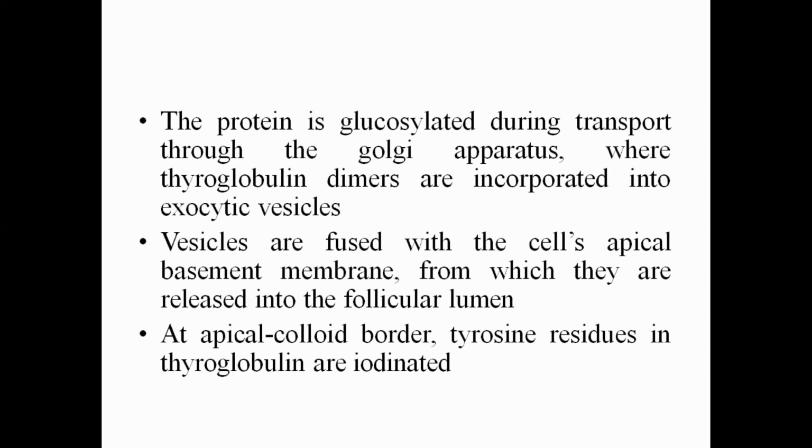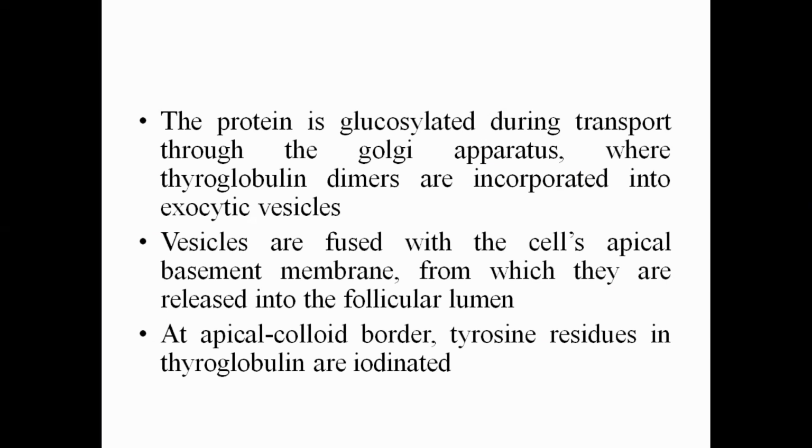After glycosylation, the thyroglobulin is transported to the Golgi apparatus and packed into vesicles. In the vesicles, thyroglobulin forms a dimer. So it is synthesized as a single polypeptide, and in these vesicles of the Golgi apparatus, it collaborates to form dimers.